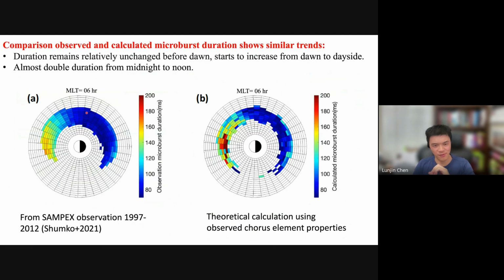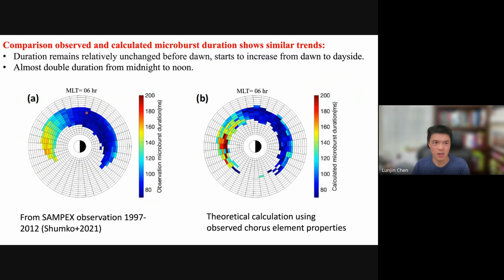So just very quickly, on the left hand side is the SAMPEX observation of the electron microburst duration as a function of magnetic local time and L shell. And on the right hand side, we have the calculated microburst duration based on the chorus wave properties.